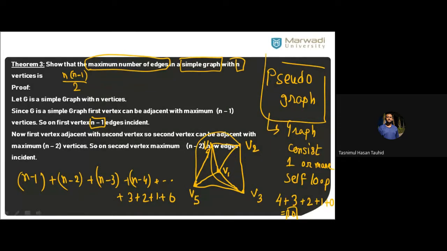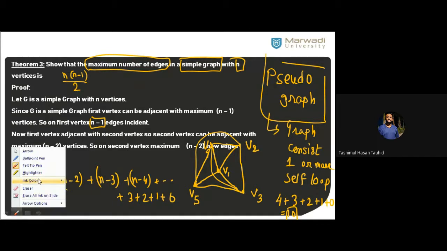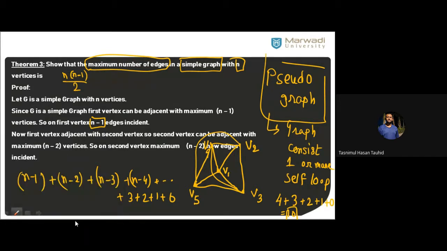For the first n integers. The sum of the first n positive integers, note it down, I'm writing over here: 1 plus 2 plus 3 plus 4 plus so on up to n.